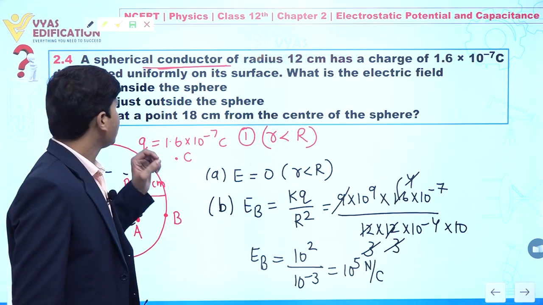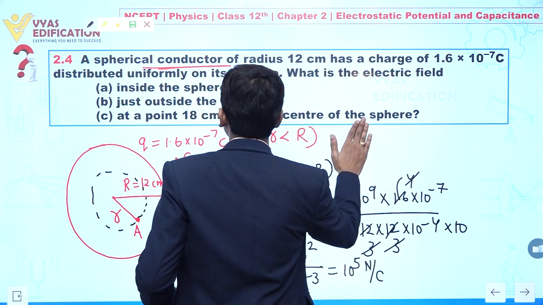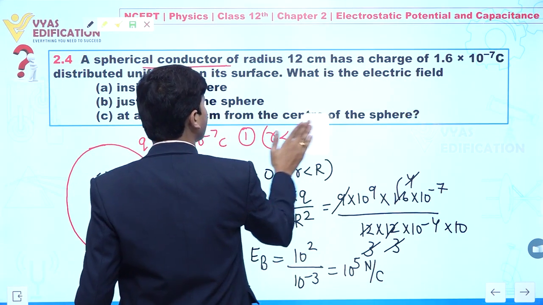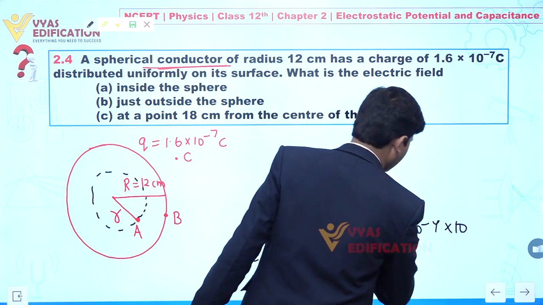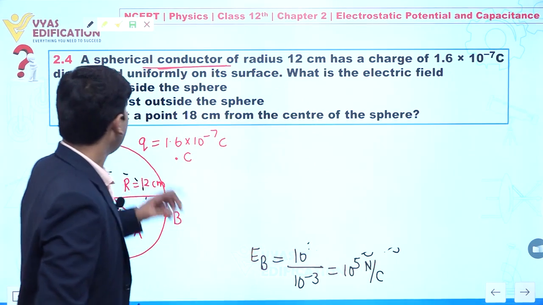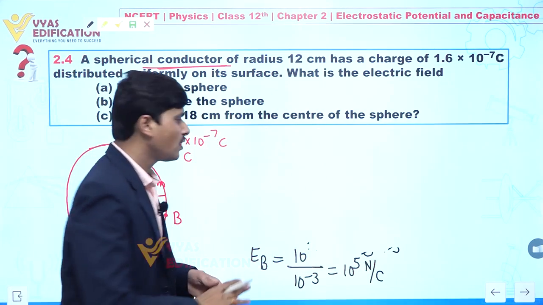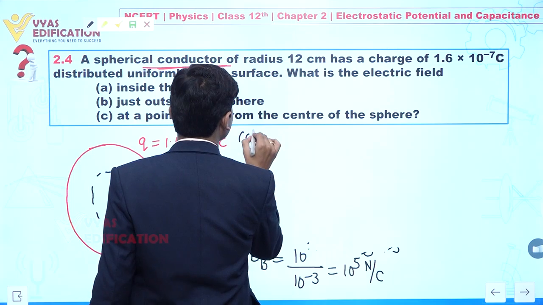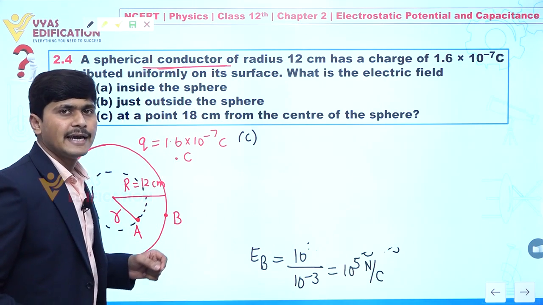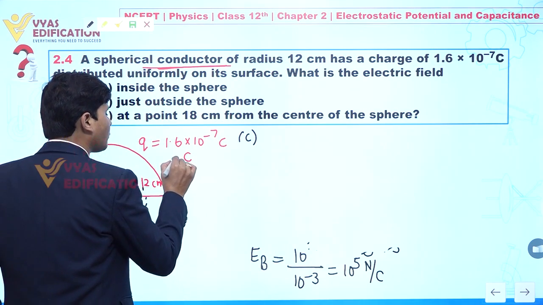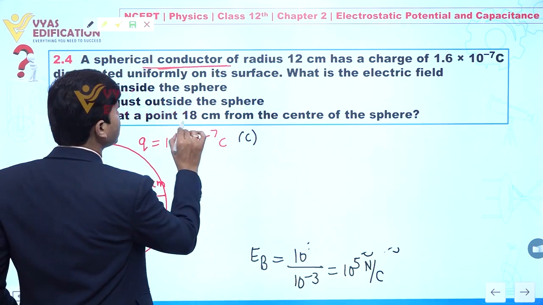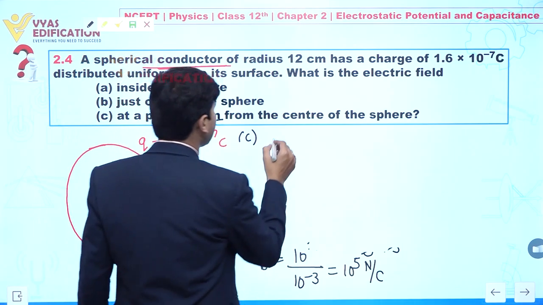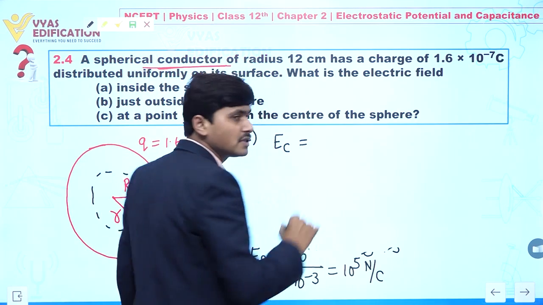Now in part number C, the question is at a point 18 centimeter from center of sphere, clear. So we can write like this, part C, 18 centimeter, it means we are talking about point C, yes or no, because radius is given 12 centimeter and the objective is 18 centimeter. So now we can write like this, electric field at point C, clear.